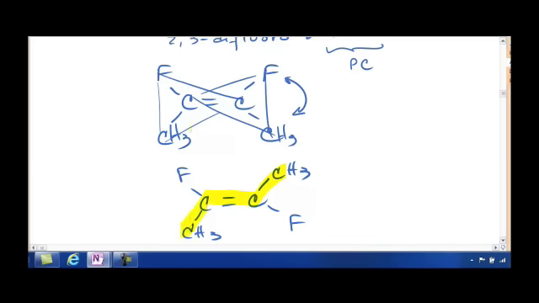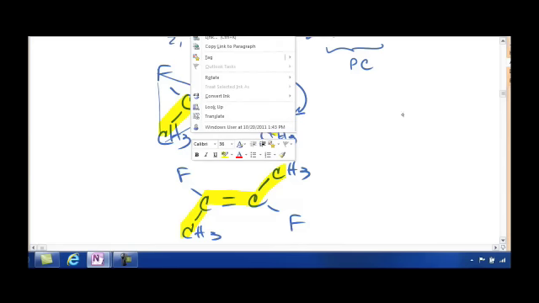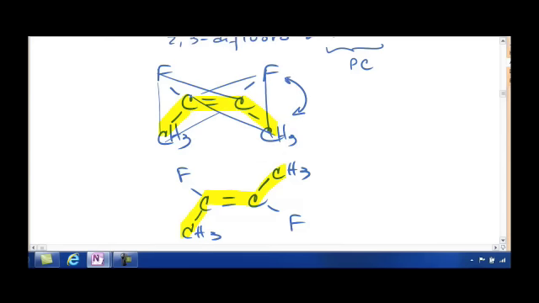Still butene. My parent chain is kind of crooked, but that's the way they go. That's my parent chain, yes? This guy is different from that, and I only flipped the fluorine with the methyl.